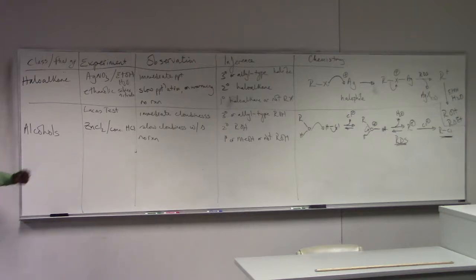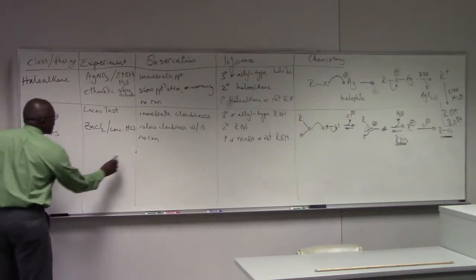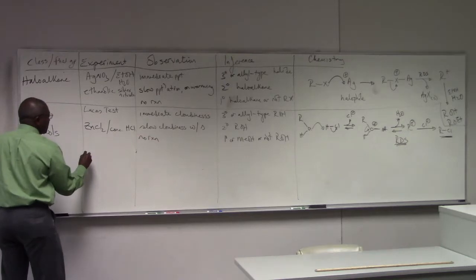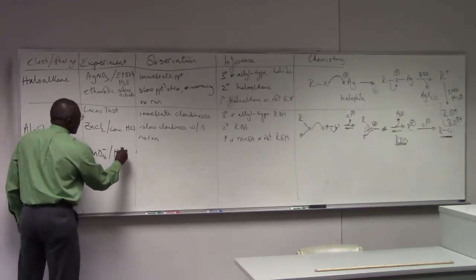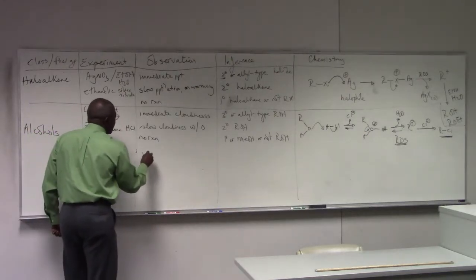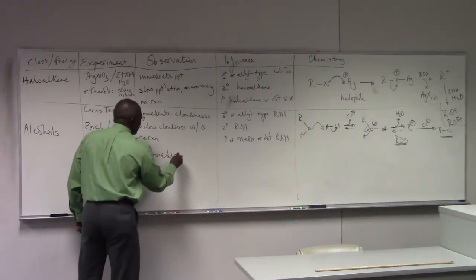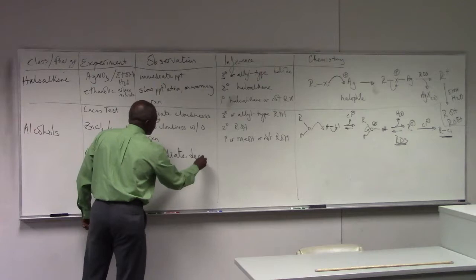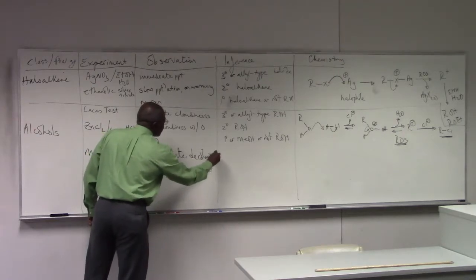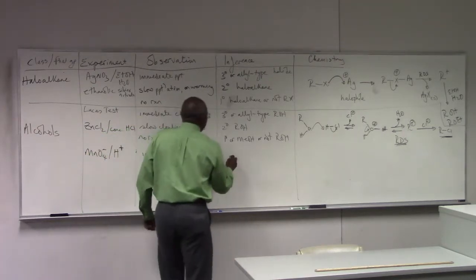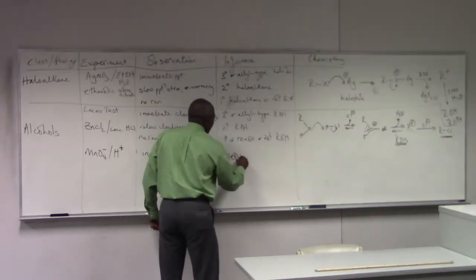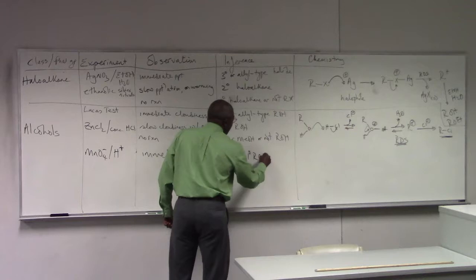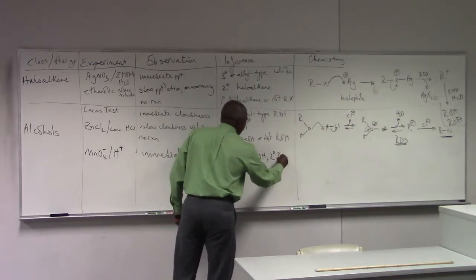What else do alcohols do? Well, alcohols can react with acidified permanganate. And if we get immediate decolorization, that implies it's either methanol, a primary alcohol, or a secondary alcohol.